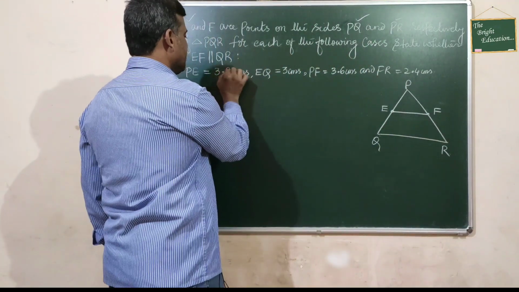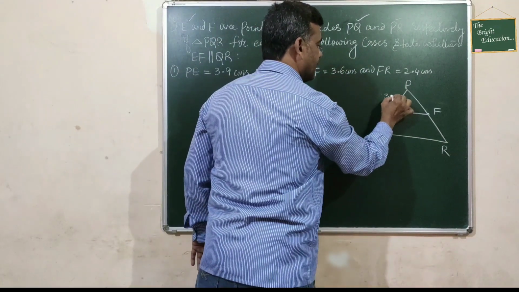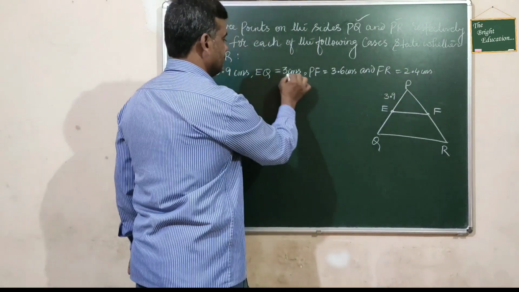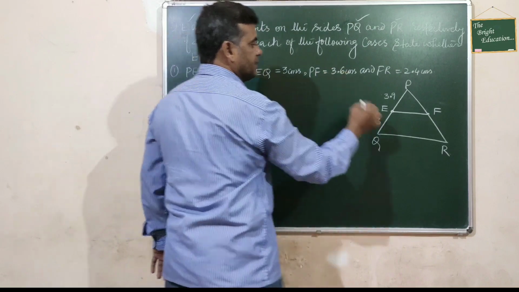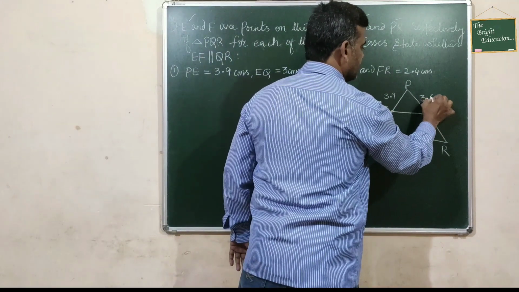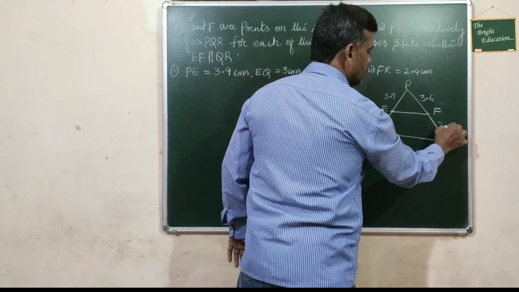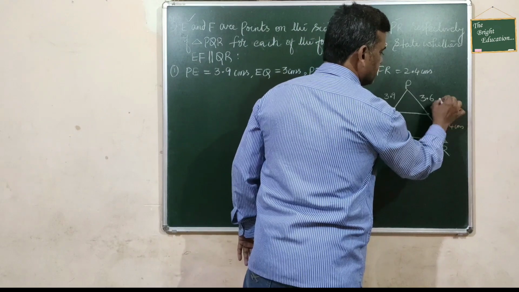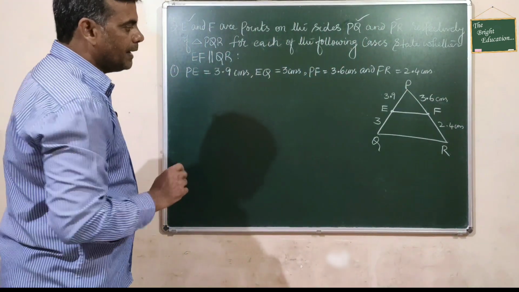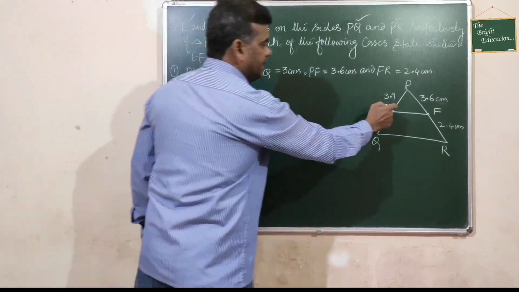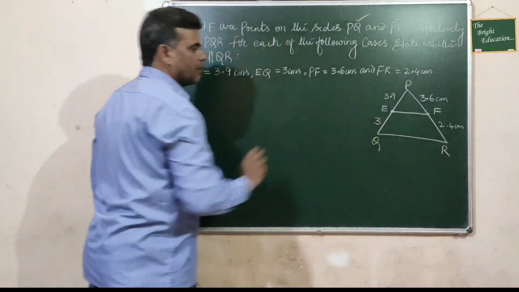Now I am given PE as 3.9 centimeters. EQ is equal to 3 centimeters. PF is equal to 3.6 and FR is equal to 2.4 centimeters. All these are in centimeters. Now I have to check whether this line EF is parallel to QR or not.